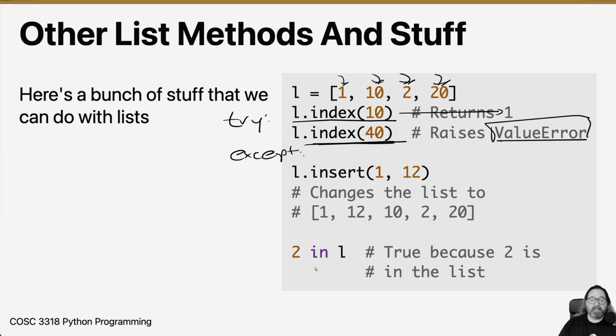I'm going to skip here to the end of the slide. You can use the in operator. If you just care about whether or not it's in the list, it will search for this value in the list and then return a Boolean value, true or false. If you don't actually need to know what index it's at, you just want to know if it's in there, you can use the in operator.